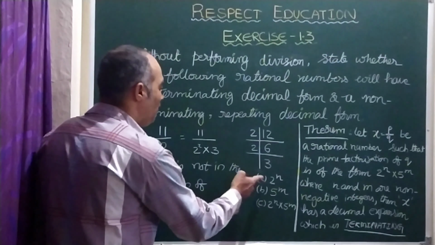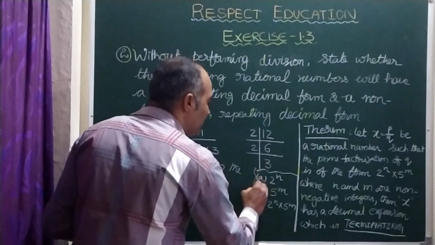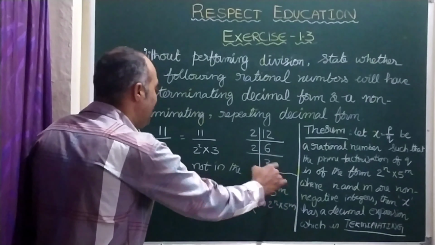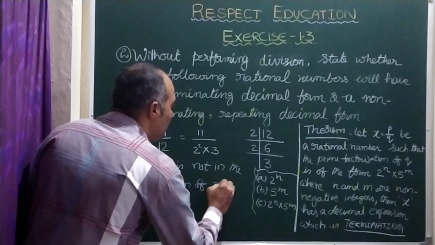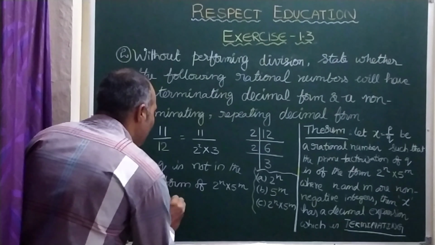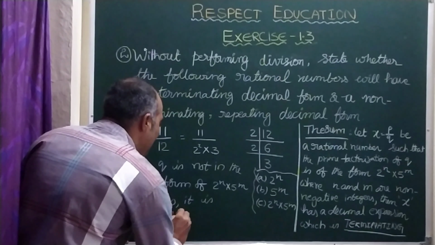So it should have only 2, or only 5, or both together, 2 and 5, right? But here you see 2 and 3, the combination of 2 and 3 is there. That's why it is not in the form of any one. We cannot write this one in the form of 2 power n into 5 power m for some integers m, n. So it is non-terminating.